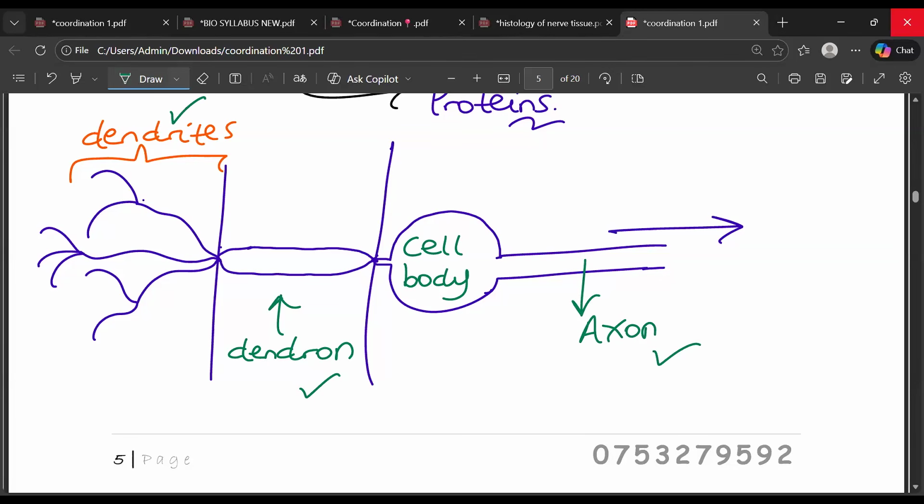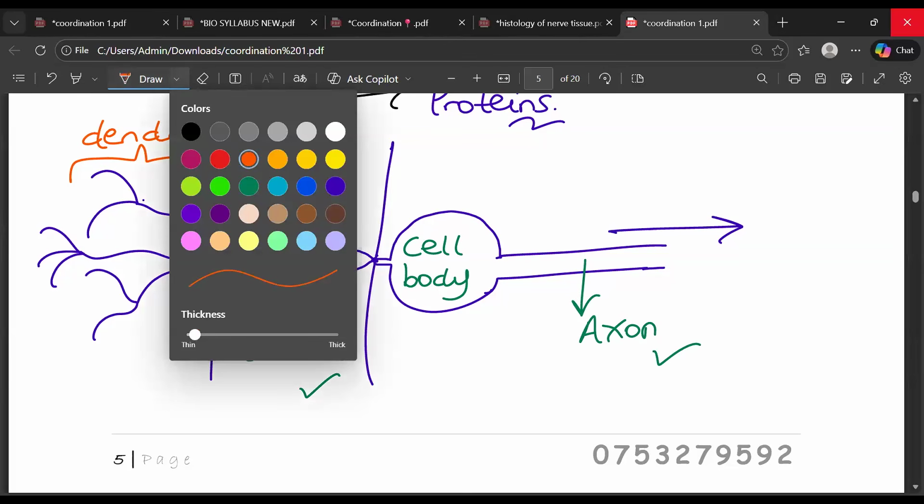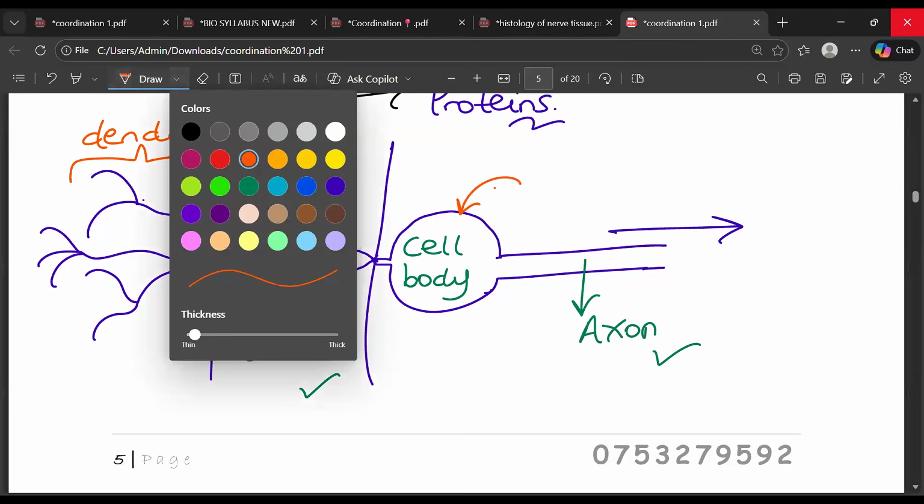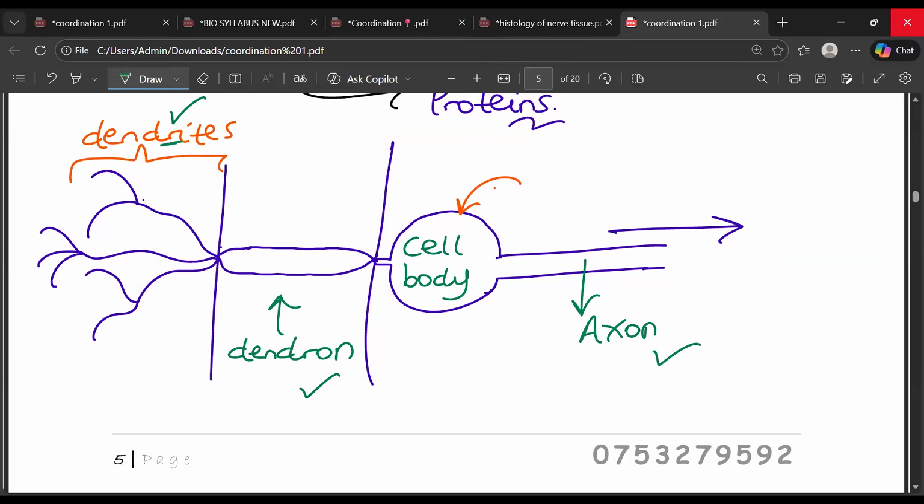If you have that, everything you read about the dendron, you will never forget, because you will know that the dendron is moving towards the cell body. Even when you read about dendrites, you never forget, because of this character, receiving. I told you that.